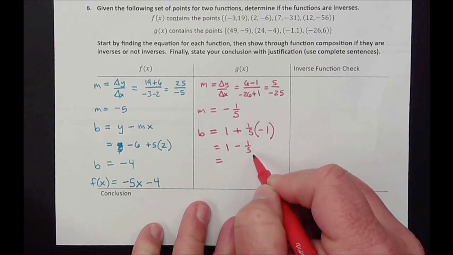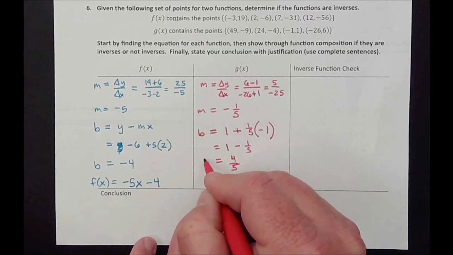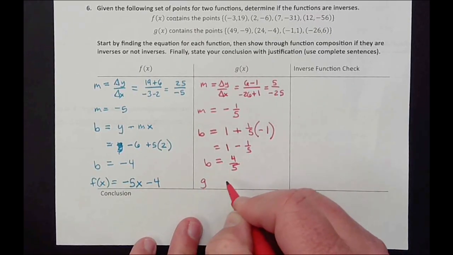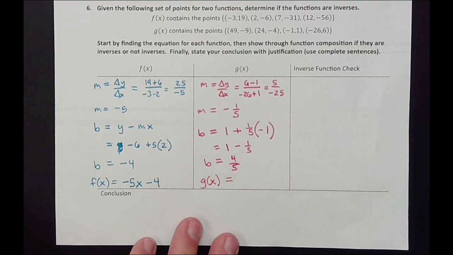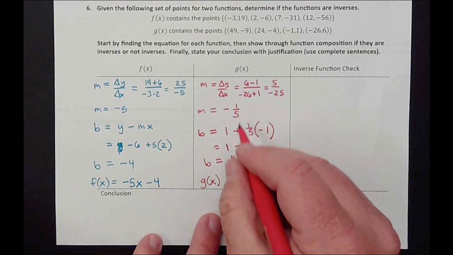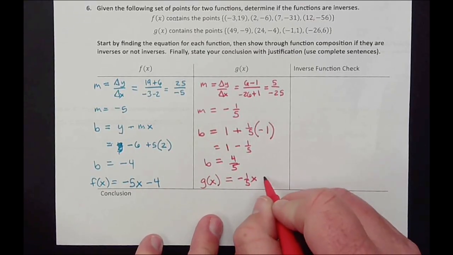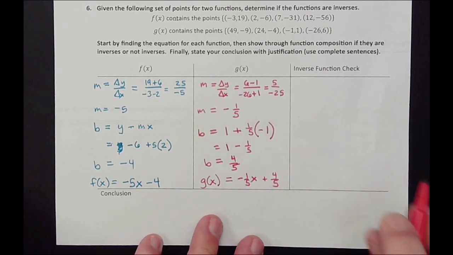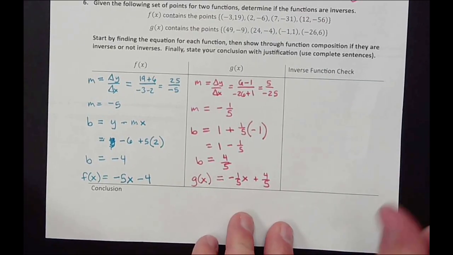And you're taking 1/5 away from a whole, so that is just 4/5. So b is 4/5, and that means that g of x is equal to -1/5 x plus 4/5.